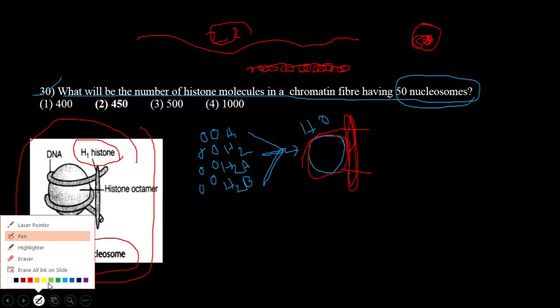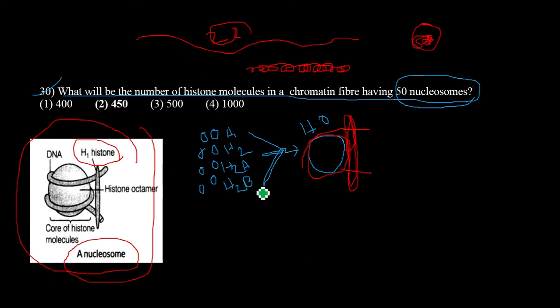Based on this we can understand that each nucleosome is made with histone proteins: H3 2 molecules, H4 2 molecules, H2A 2 molecules, H2B 2 molecules, H1 1 molecule. Total these are 8 and plus H1, this is 1, not 8, 9.